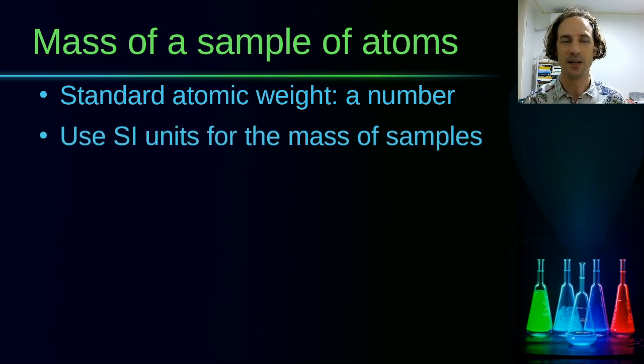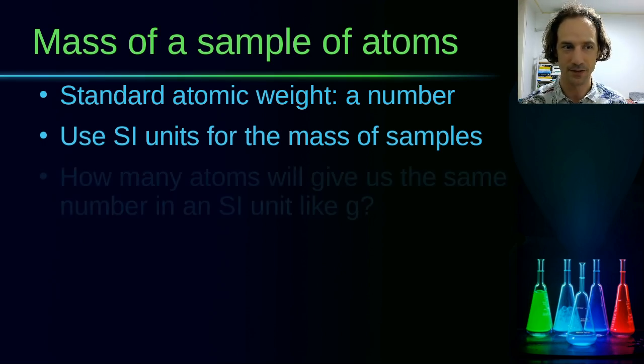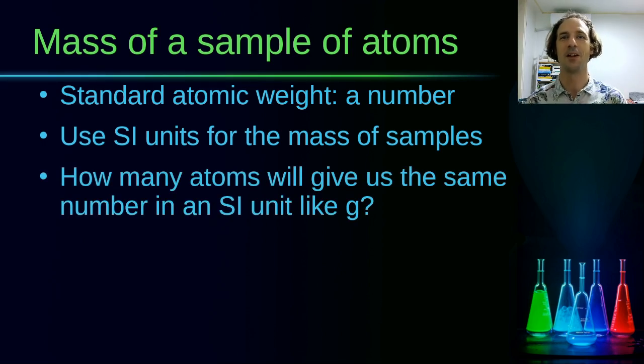So what we need instead is something that is more friendly to the SI units. Instead of just relative masses, we want real masses of samples, and the SI unit for mass is kilogram, but kilogram is a bit too big. So instead, this standard was built around the unit gram.